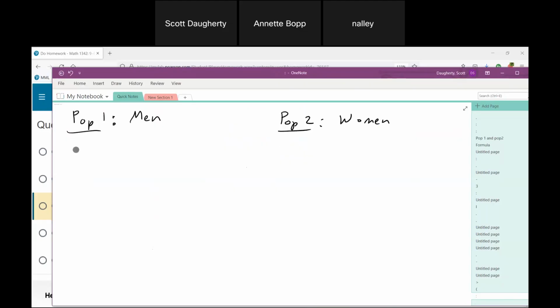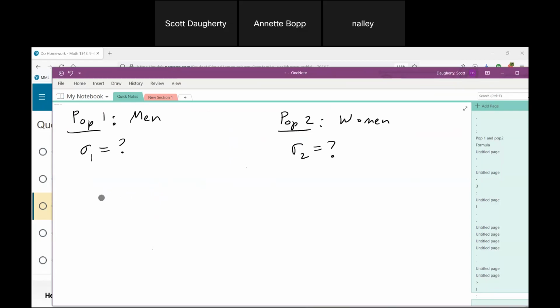If you were able to collect data on all men and how many words they speak in a day, you could calculate the standard deviation of the number of words that they speak. Okay, so we label that with sigma sub 1. And then you could do that for women, and that would be labeled sigma sub 2 here.